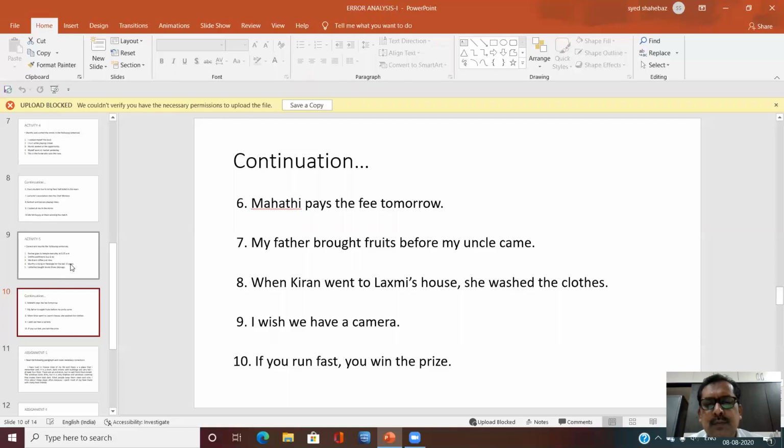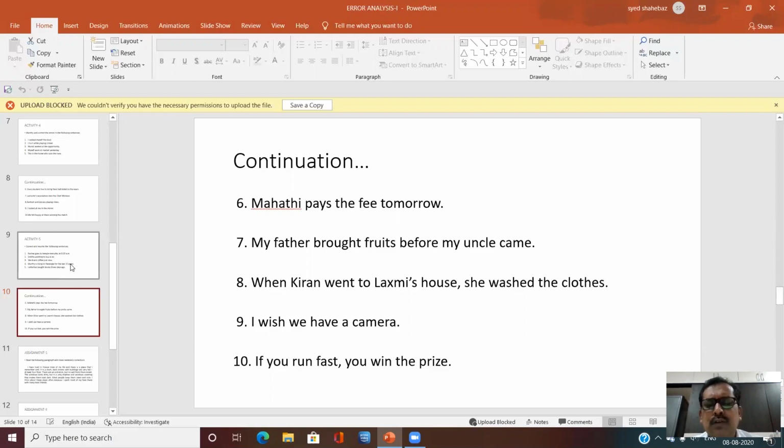Refer the first completed action in the simple past tense and the second incomplete action in the past continuous tense.